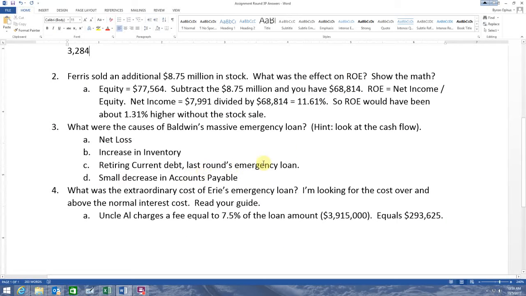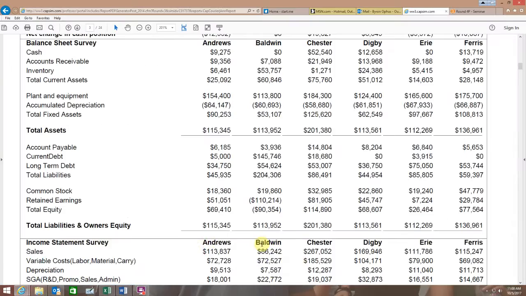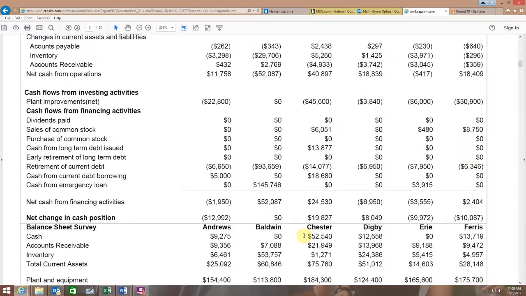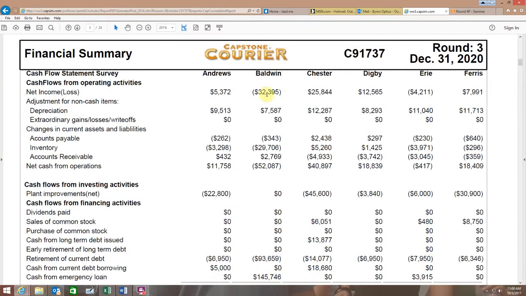Okay. What were the causes of Baldwin's massive emergency loan? I said, just look at the cash flow. Baldwin's still having some problems with emergency loans. But if you look at the cash flow, Baldwin, it's all these things that show up in negatives, right? So they had a net loss. They had accounts payable, a little bit there, but that didn't amount to too much.